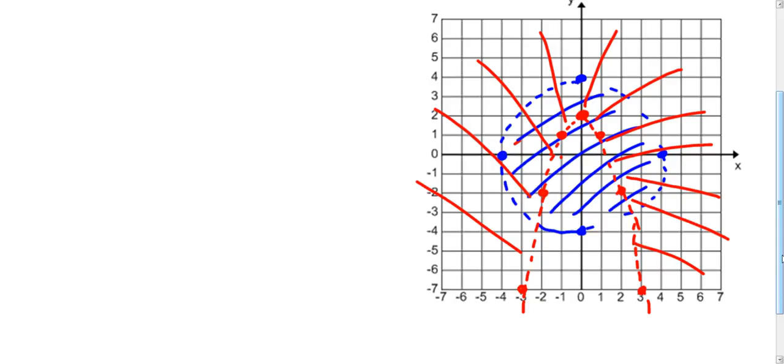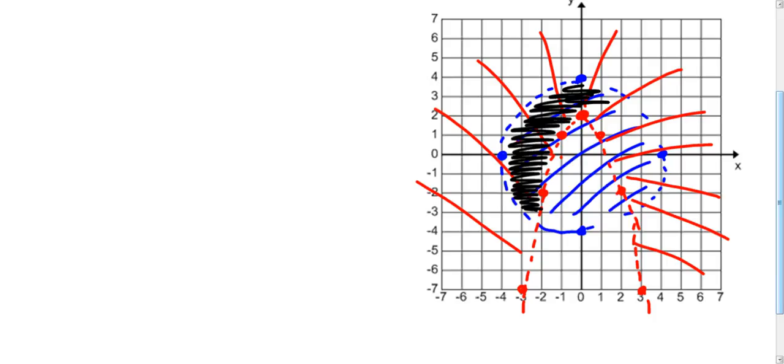Your solution to the system is where these two graphs overlap. So I honestly don't care if you shade anything except for where they overlap. If you're going to shade it, then you need to be super conscious that you tell me really, really darkly where they overlap. In this case, they overlap in this region in here.